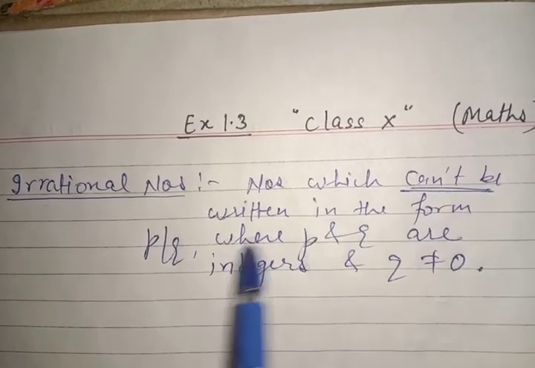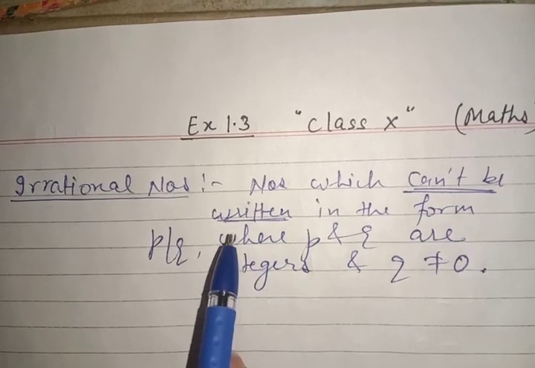The opposite of it is known as rational numbers.